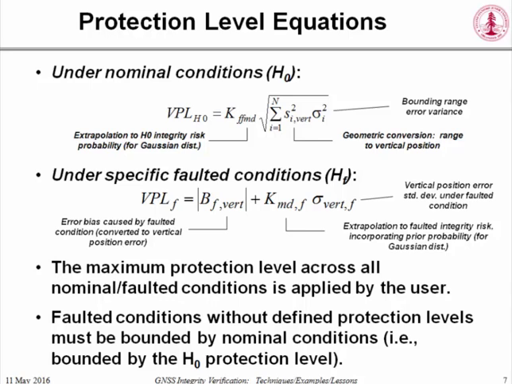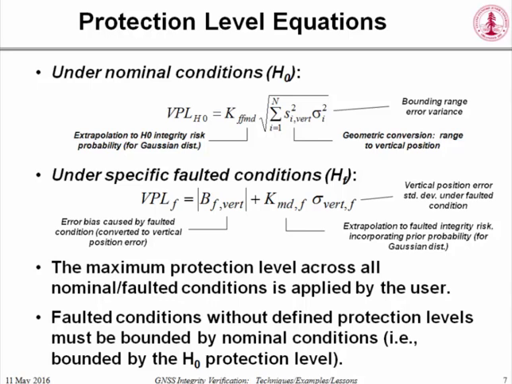Now we have several protection levels that describe a specific fault, and this here is a bias. This bias represents the worst case fault that would go undetected by the system. Now, I mentioned we have monitors in the system that will detect large faults. The largest fault that might go undetected at a certain probability goes into this term, and then this is the remaining probability of nominal error.